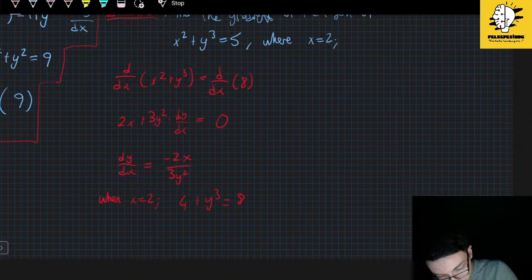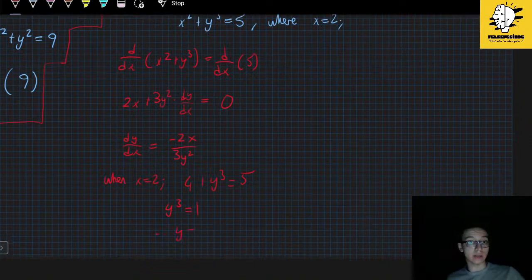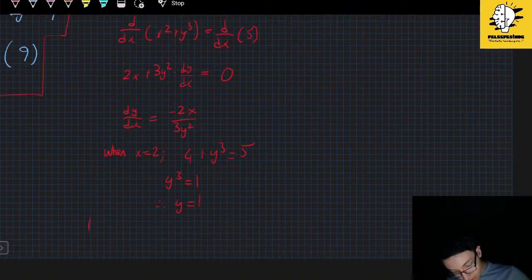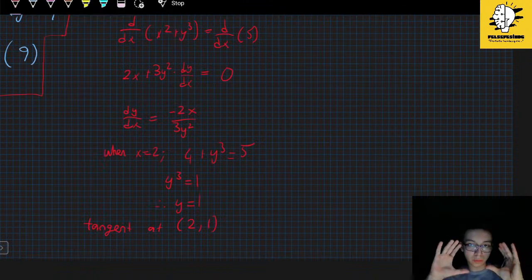I will say 5. Let's say this is equal to 5, so y cubed will be equal to 1, and therefore y will also be 1. We are looking for the tangent at (2, 1). We found our point.